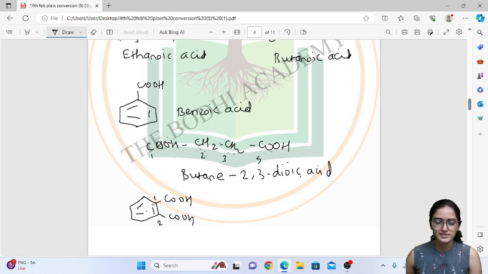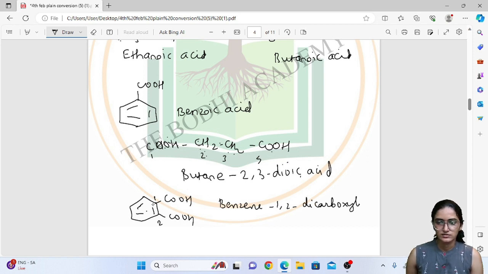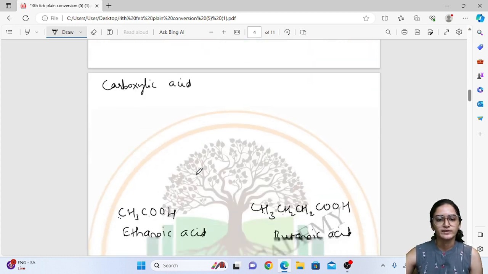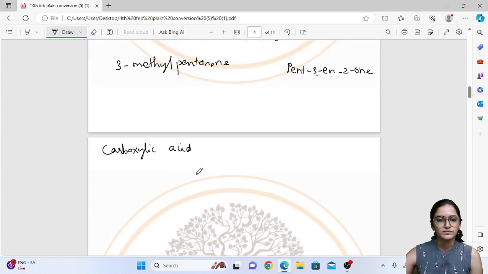The main is benzene, so the name will be benzene-1,2-dicarboxylic acid. Okay, so here the name is benzene-1,2-dicarboxylic acid, since we have 2 acidic groups here. Okay, so this way we have to write the nomenclature, or we have to identify the groups here.